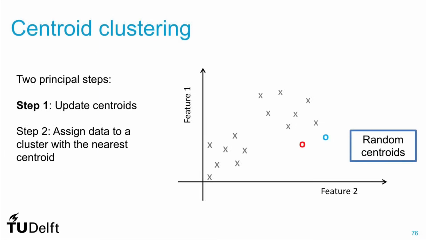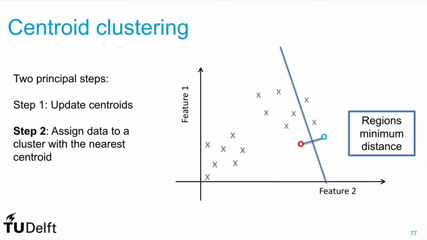There are 2 main steps in this set of clustering methods. The first one is to update centroids. In the first iteration, we start with some random centroids that you see over there, the red and the blue one. In the next step, step 2, we assign data to the cluster with the nearest centroid.